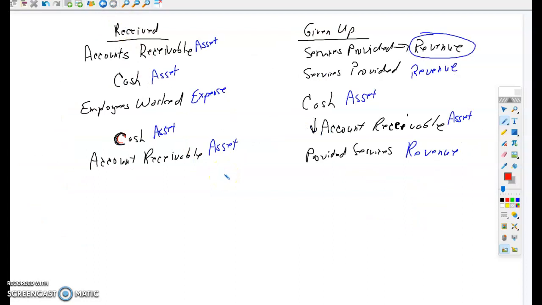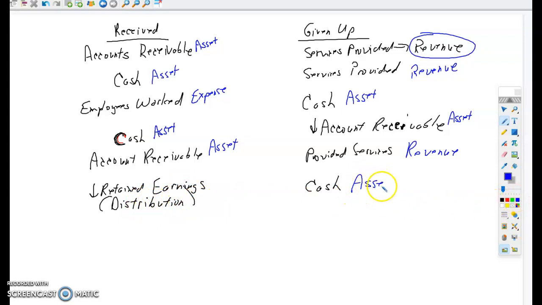So in this case, we're going to give up cash, and we're going to reduce our retained earnings because we are distributing it. It's a distribution of those earnings. Cash is an asset. This distribution of earnings is called a dividend.